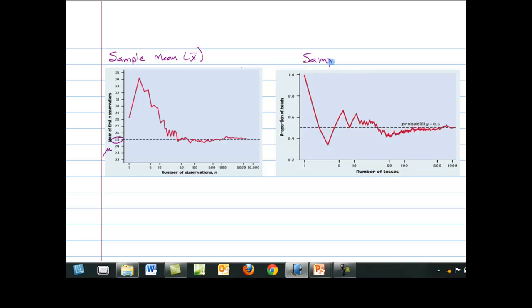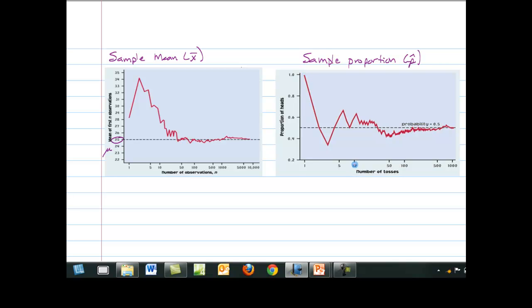Again, the symbol for the sample proportion is p hat. So if we look at this proportion, this is the number of times that we're going to do the experiment. In this case, we're flipping a coin, so it's number of tosses. If we toss a coin and we're looking at the proportion of heads, it looks like on this first toss I got exactly 1 head, so the proportion of heads is 1.